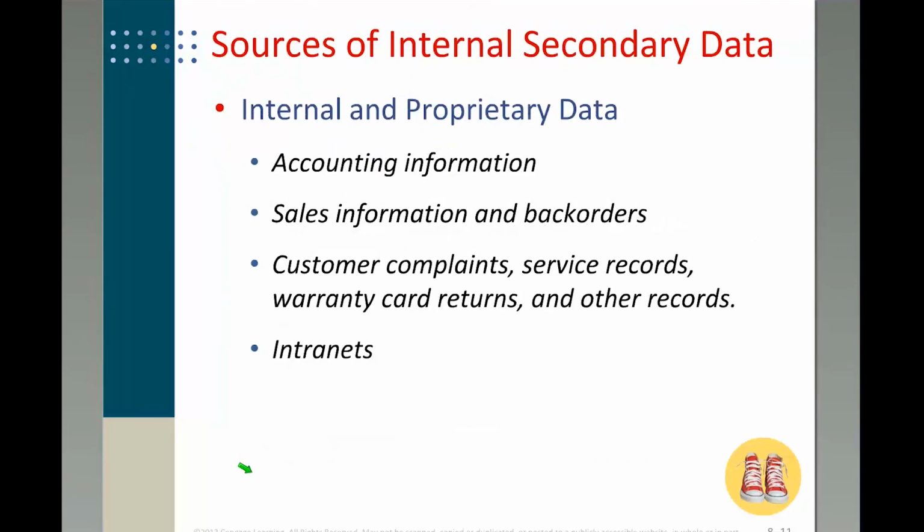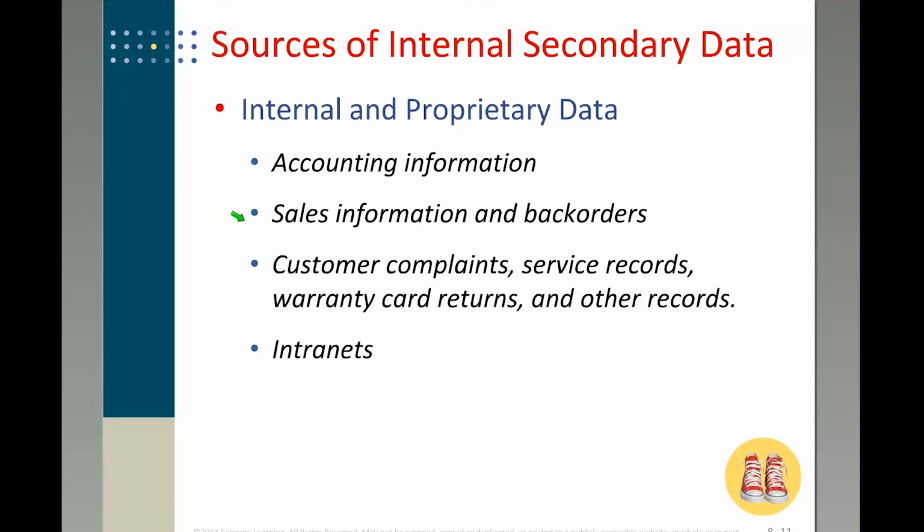Sources of internal secondary data. I'm gonna skip this again. This is because this is from internal. Only if you work for the company, you're gonna have access to such information. But just in case you do one day need it, this includes accounting information. You can get data from accounting.